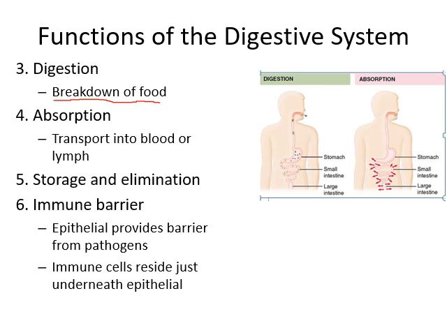That's the ultimate goal, to get absorption into the bloodstream so our tissues throughout the body have access to glucose and all the good stuff in the food material. And we store and eliminate. It doesn't just go in the mouth and out the backside. It is storage and elimination. Once there's enough storage, we go to eliminate.